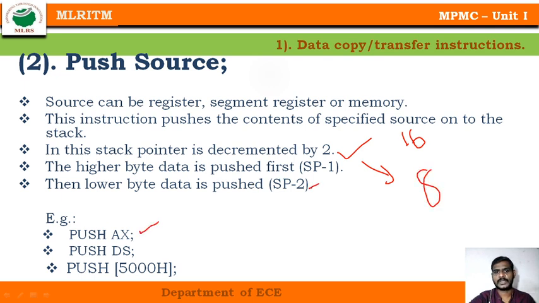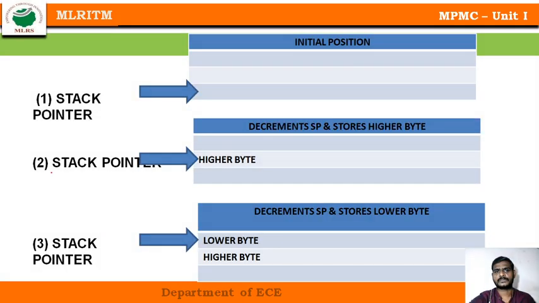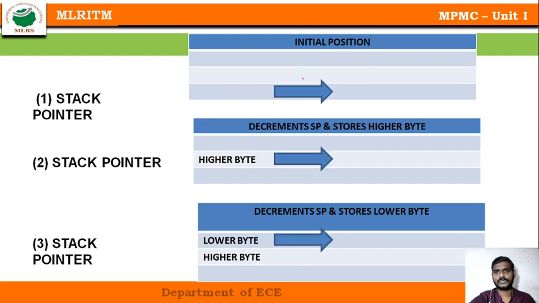For example, PUSH AX: the content of AX will be pushed onto the stack. This is the initial position of the stack pointer. When the stack is operating, the data is moved into the memory location, with data stored in the higher byte and the stack pointer at the lower byte.